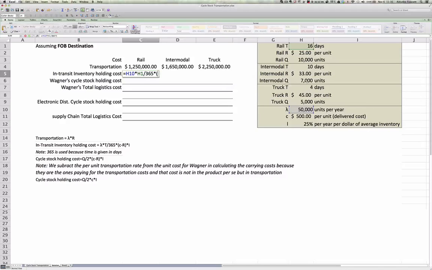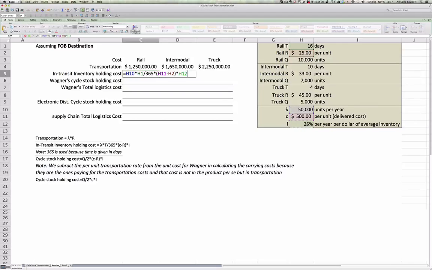And now we simply have to multiply this with the per unit holding costs. And this is simply the unit cost C. And now we subtract from that the transportation rate multiplied with the inventory carrying charge. Now why do we do that? Well, we have to subtract the transportation rate from the unit cost because remember we are talking about Wagner here, the supplier, and the unit value for them is essentially the unit cost minus the transportation costs.